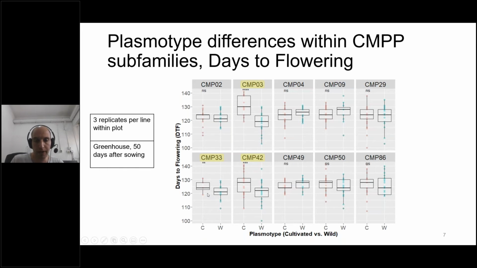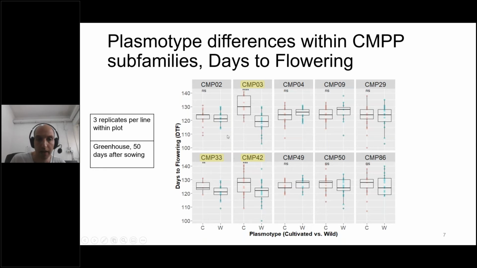This is the days to flowering that we measured during the propagation. What you can see here is that it is subdivided, first of all, according to the subfamilies, according to the wild donor. And each subfamily is subdivided into plants with the cultivated and plants with the wild plasmotype. What is interesting here is that the plasmotype has a different impact depending on which subfamily we are looking at. It has a different impact on actual days to flowering.